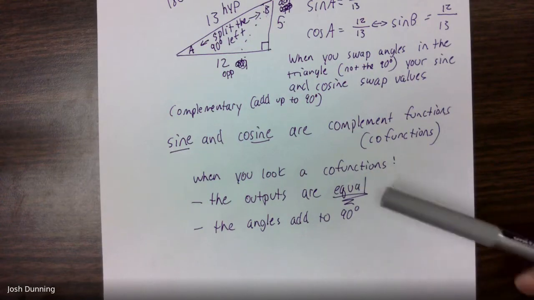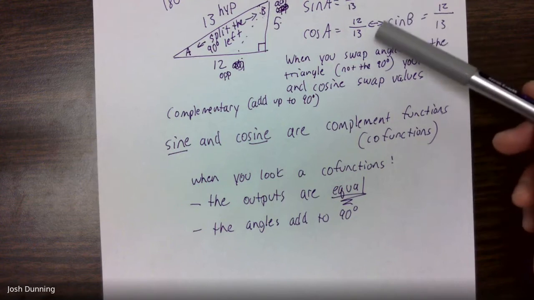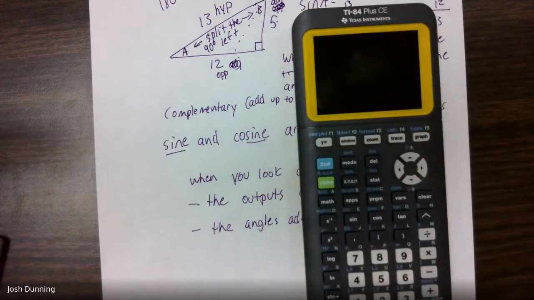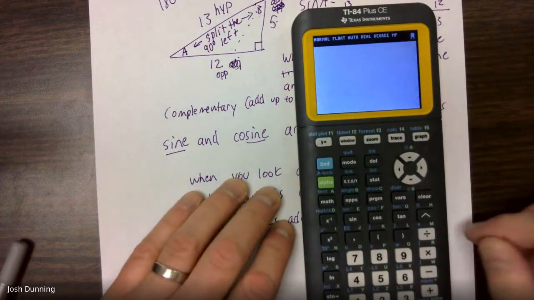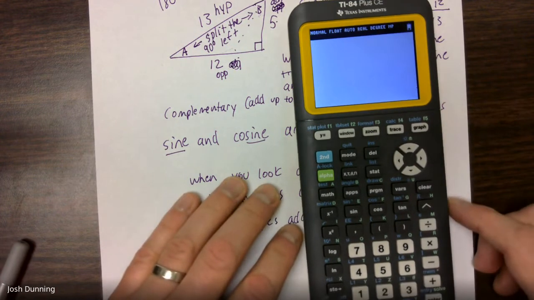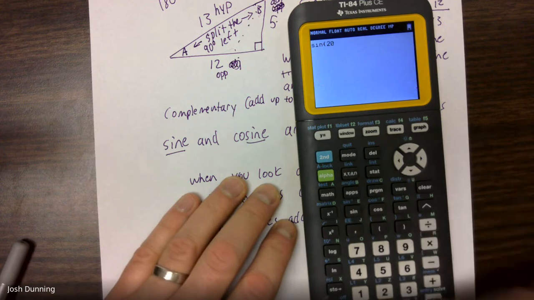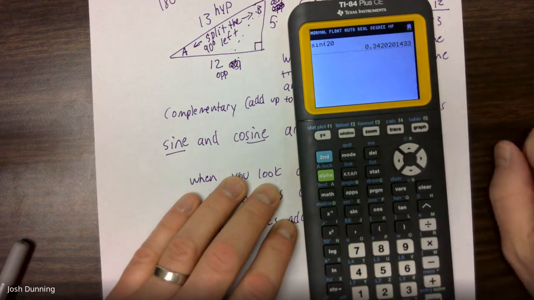So the outputs, like the fractions up here, or I'll show you in a second the decimals on the calculator. The angles themselves add up to 90. So let's take a look here. Now I'll just pick a number at random, 20. Watch, sine of 20. So there's our output.